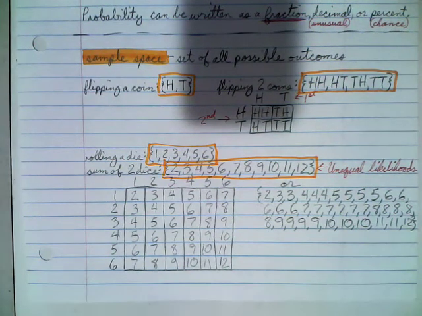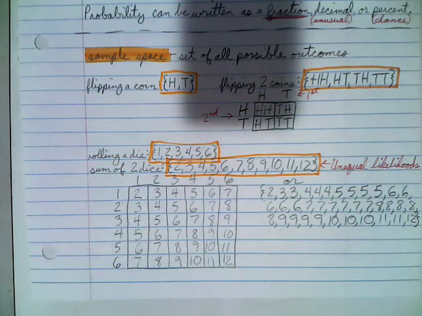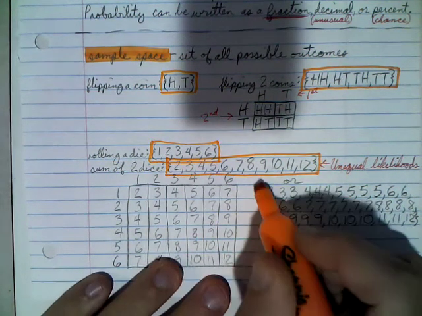And if you think about it, 6 by 6, that's all 36 possibilities there. It's a lot more writing.